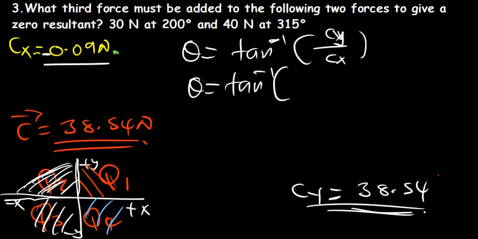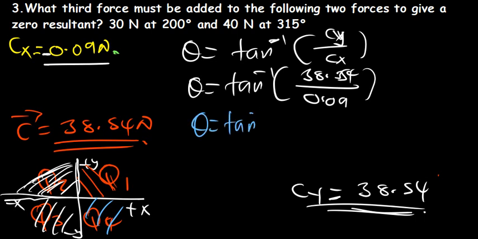So cy is 38.54 divided by 0.09. Initially it's negative, but you ignore the negative. Since it is in the second quadrant, you say 180 minus the theta we're going to find here. Tan inverse.